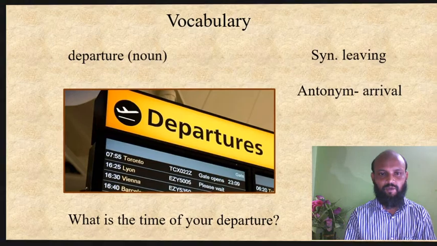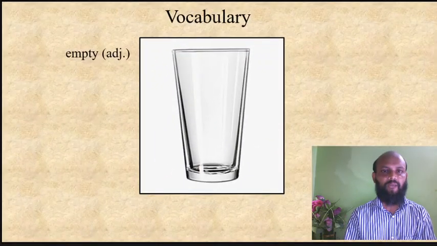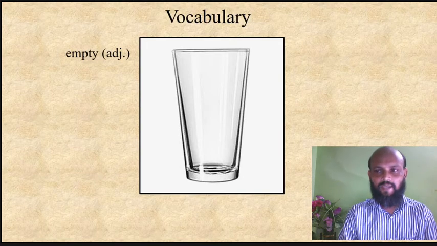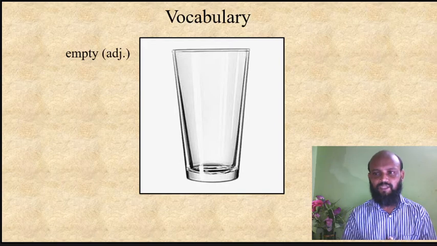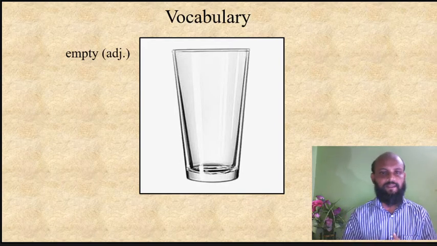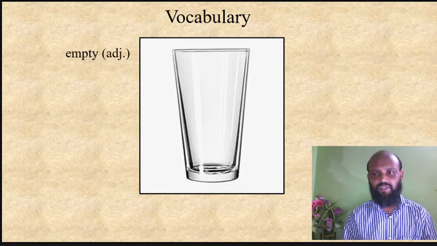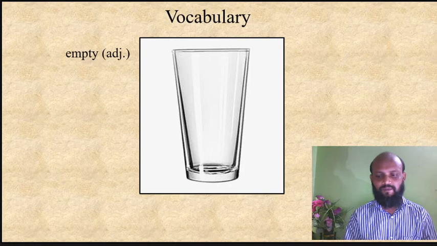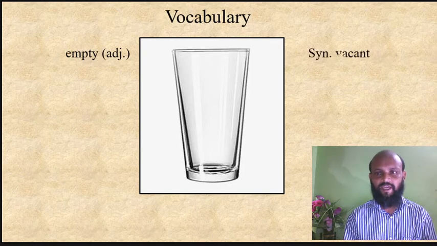Now let's move on to the next word, empty. Do you see a glass? Yes, of course. You see a glass that is empty. There is nothing in this glass. That means this is empty. You can easily understand that the word empty means something vacant.